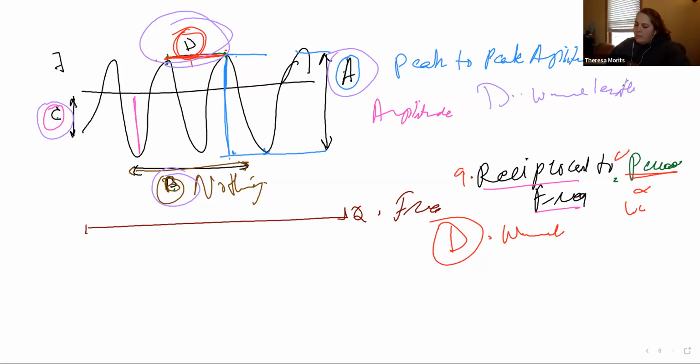It says in here that line B is actually 2 wavelengths. But that's not your wavelength. Clear? B is not your wavelength.